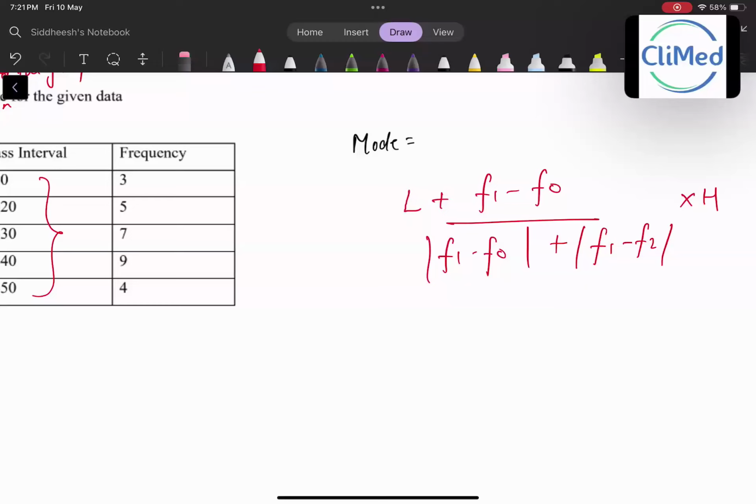This formula I have to remember. This is the formula to calculate the mode value.